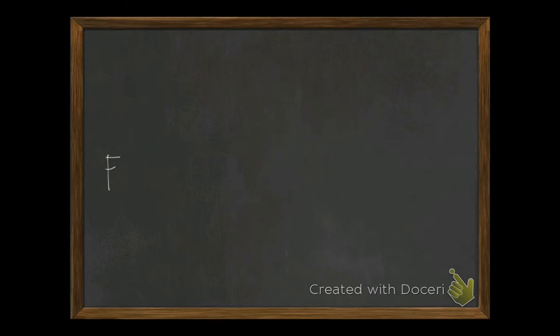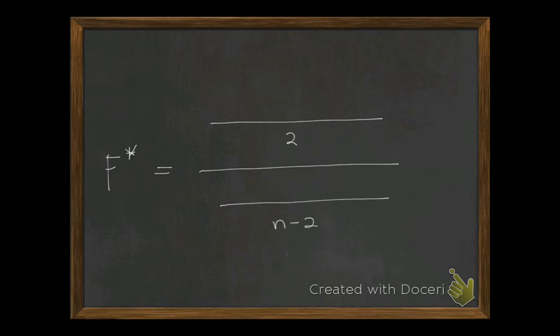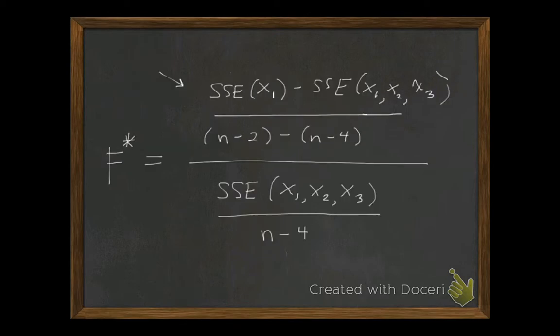So guys, that leads us to, let's get a full sheet here. That leads us to F star equal, degrees of freedom 2 and degrees of freedom n minus 4.